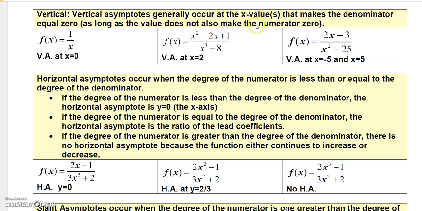You want to be careful there, because if a number makes both the numerator and denominator 0, then you actually get a hole at that point and not a vertical asymptote. So for 1 over x, you get a vertical asymptote at x equals 0, because x equals 0 makes the denominator 0, and of course it doesn't make the numerator 0.